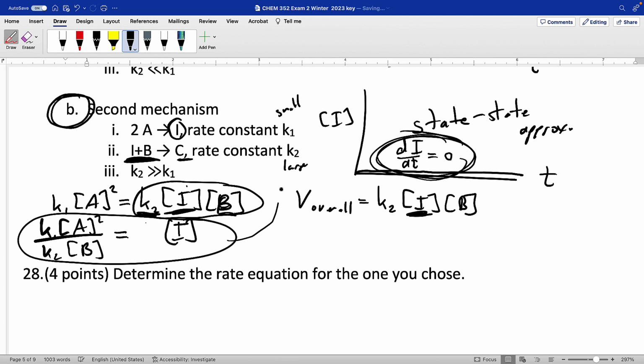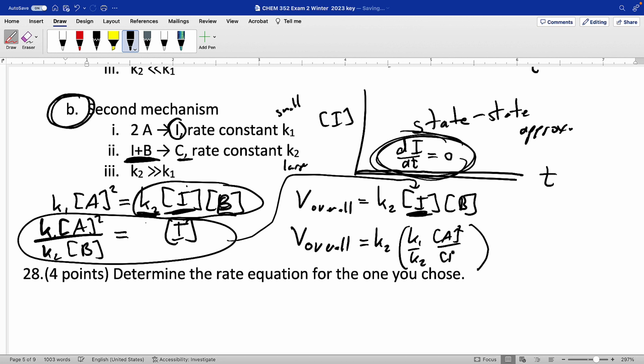If we plug that into our overall rate equation, we get v overall is equal to k2, and then our expression for I, which is k1 over k2, A squared over B, and then we bring down this other B that we had here. The B's cancel, and the k2's cancel, and we're left with v overall is just k1 A squared.